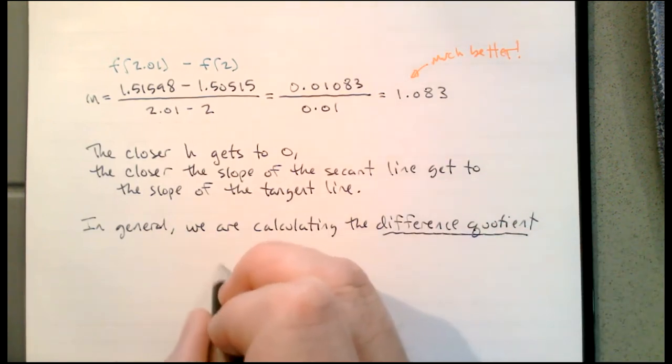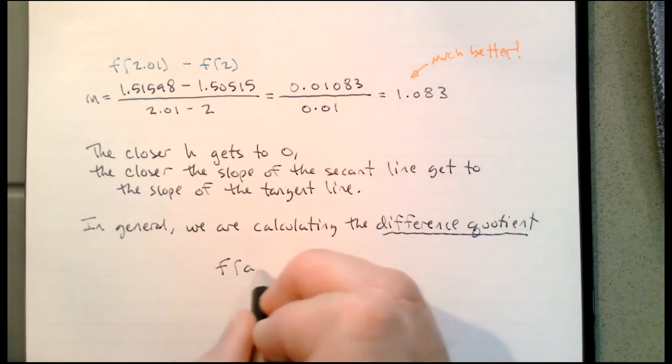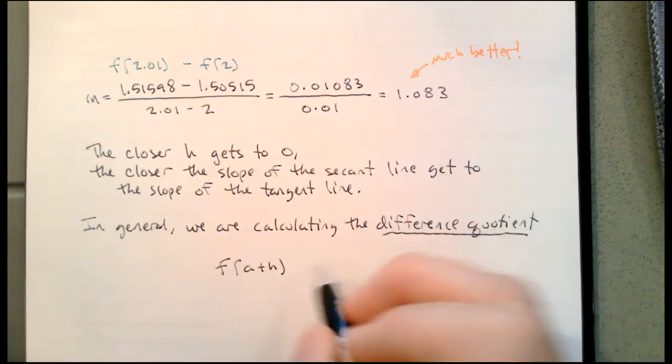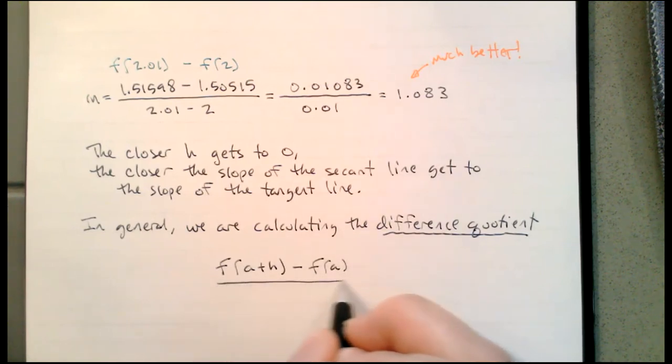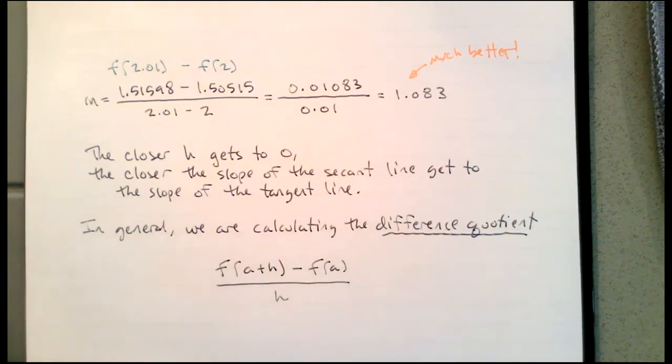We're calculating the difference in the function close to f of a, and we're dividing by h. And we're saying that this is going to be the slope.